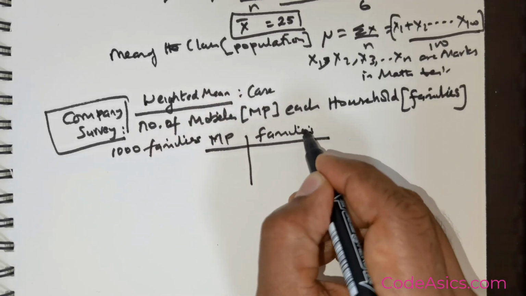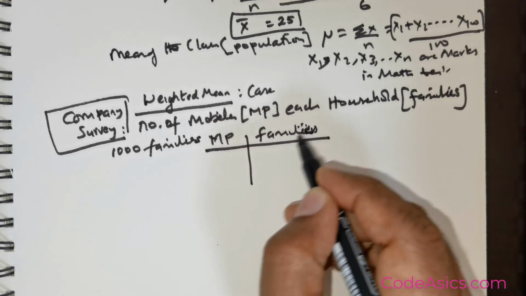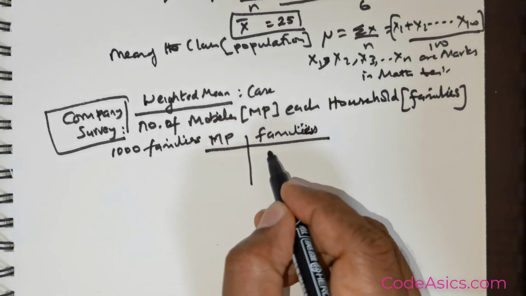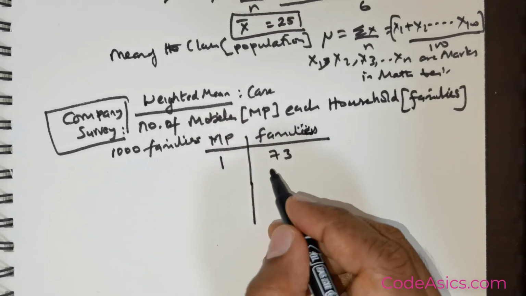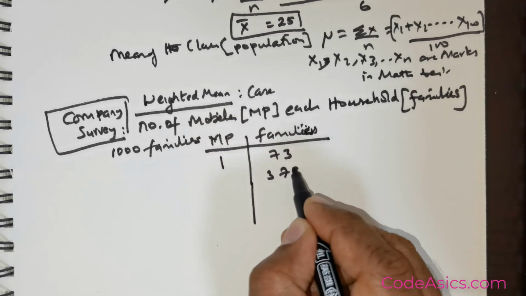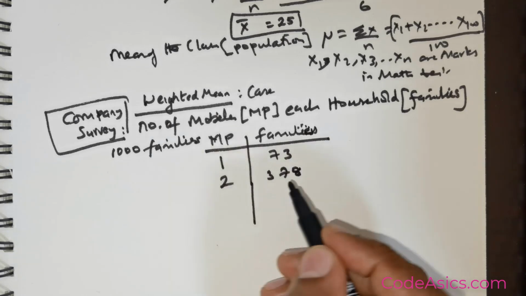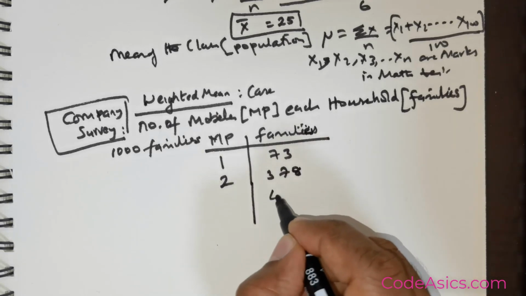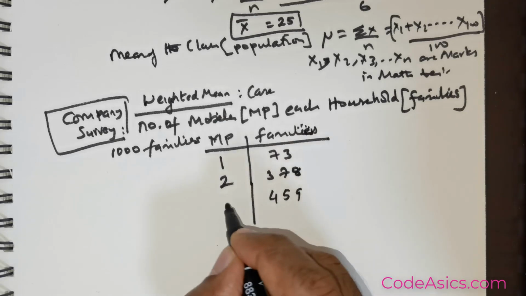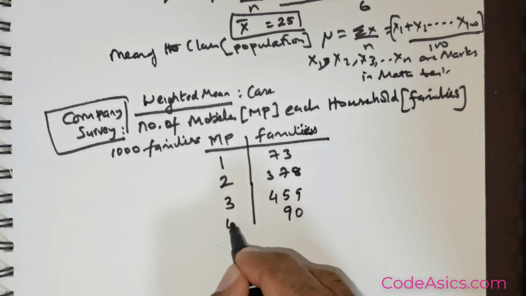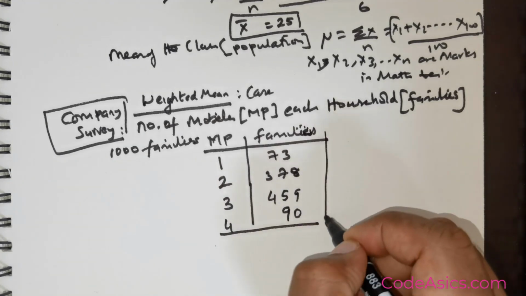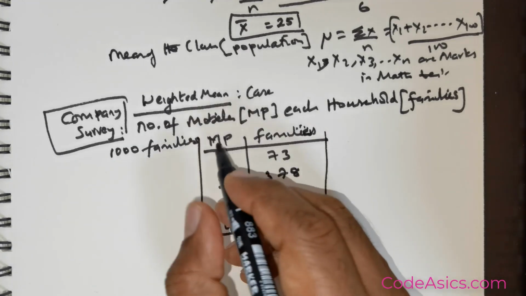Now what they have found is that 73 families have one mobile phone and 378 families have got two mobile phones. 459 families have got three mobile phones and 90 families have got four mobile phones. Now this is the data that they have collected.